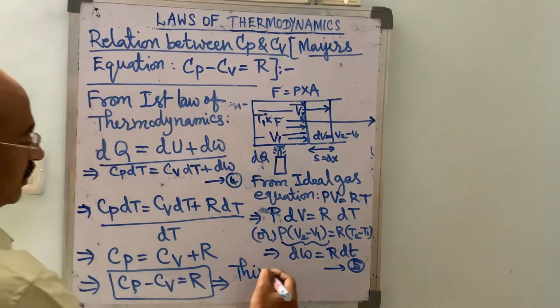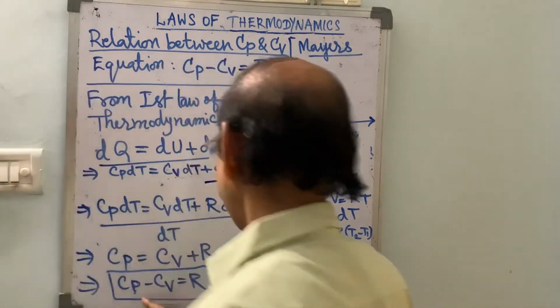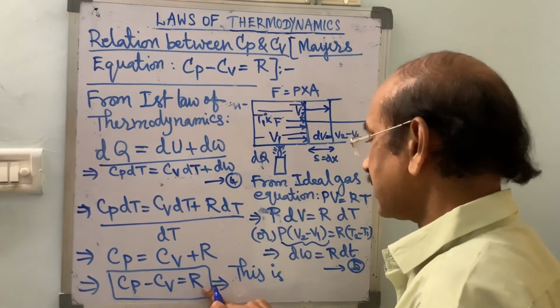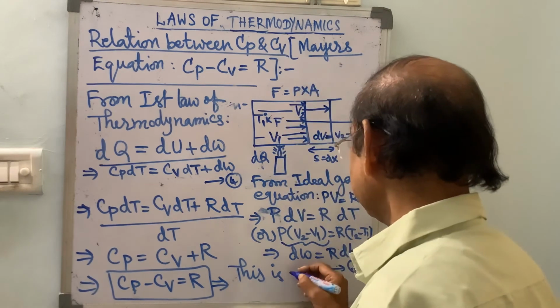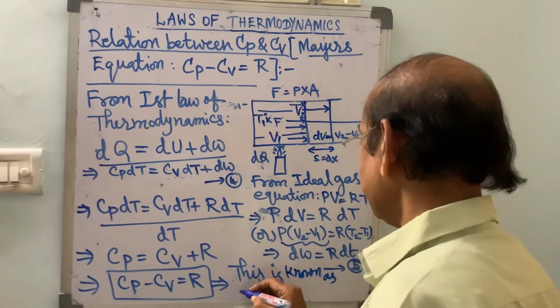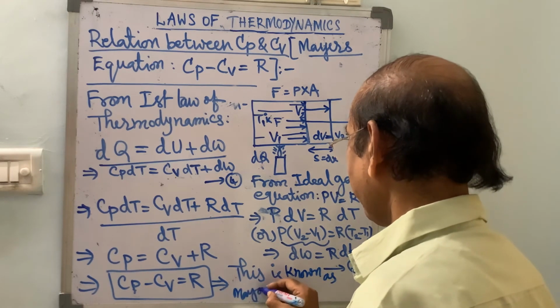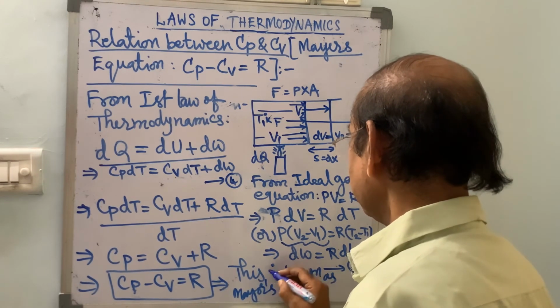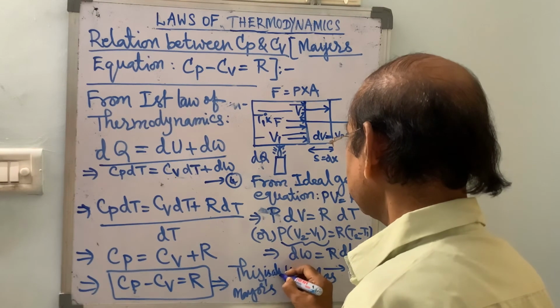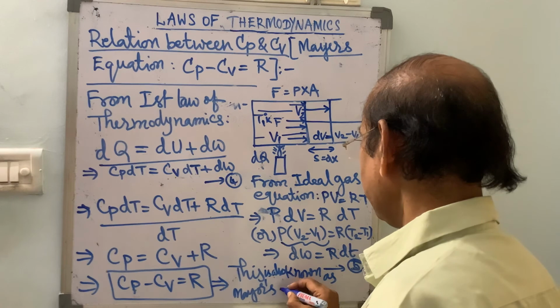This is the relation between Cp and Cv, and the difference between Cp and Cv is equal to the universal gas constant.